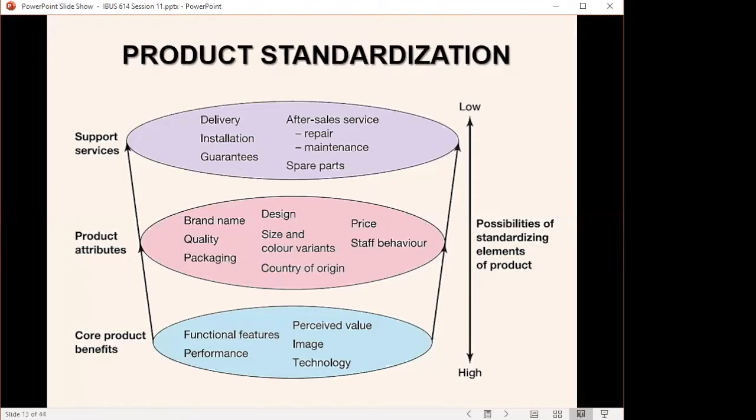Okay, all right. So that is it for the product attributes level. Now, a step higher when we go to the support services level, the level of adaptation becomes even more prominent, because when you talk about support services, you are introducing a human element, which in itself introduces some level of variation.